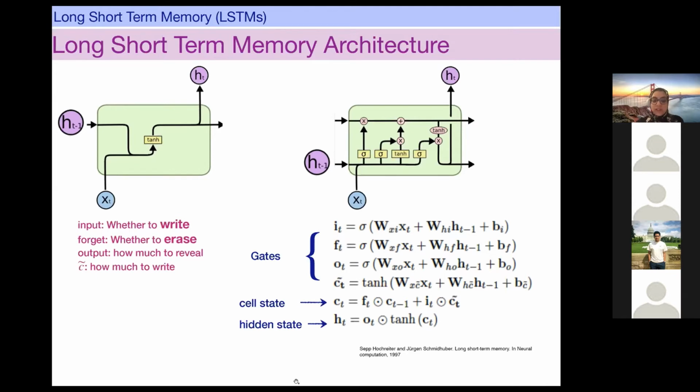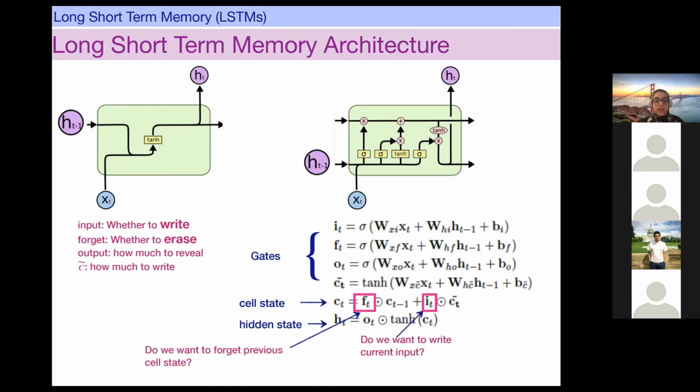Let's look at this cell state for a second. The cell state has an element-wise multiplication of the forget gate with the previous cell state. So here, if the forget gate is 0 or 1, it tells us how much from the previous cell we want to carry forward.